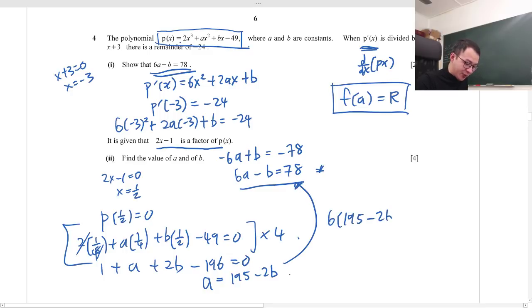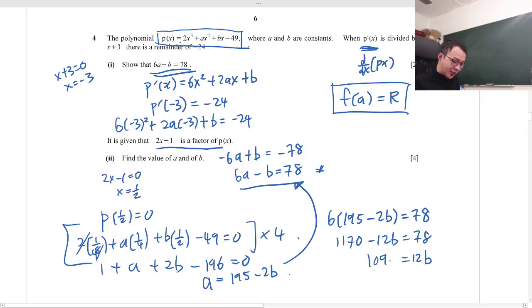So I substitute back into this equation: 195 minus 2b equals 78. The numbers are a bit big, so I hope I didn't make any mistake. 1170 minus 12b equals 78, so 12b equals 1092, divided by 12. Okay, b is 91.